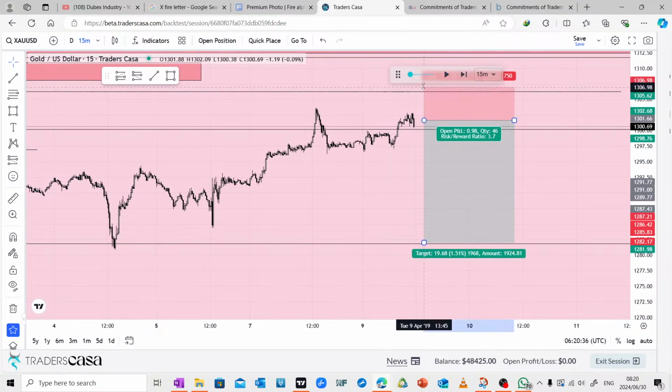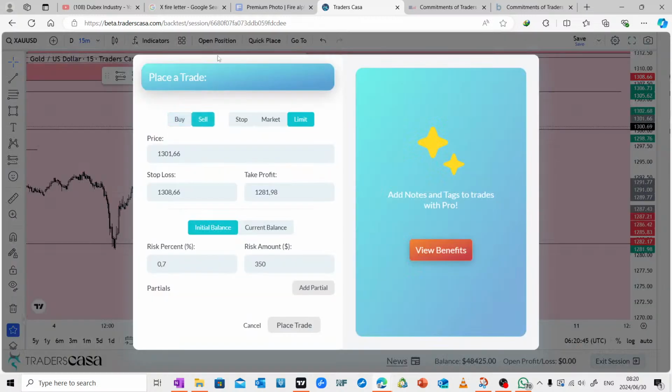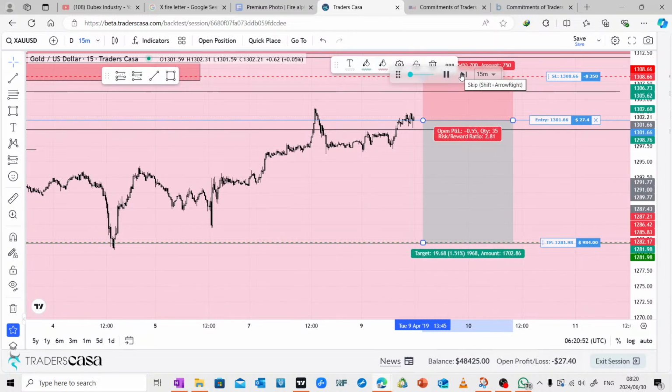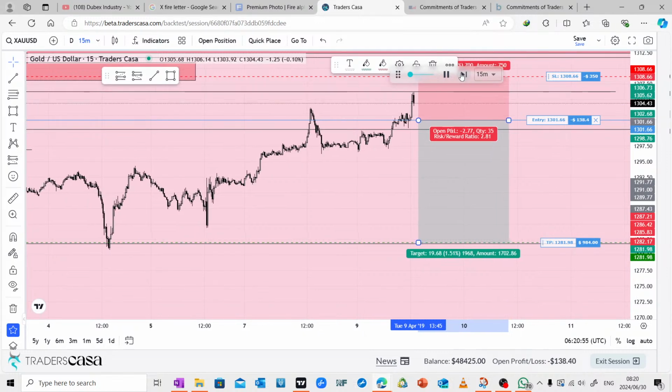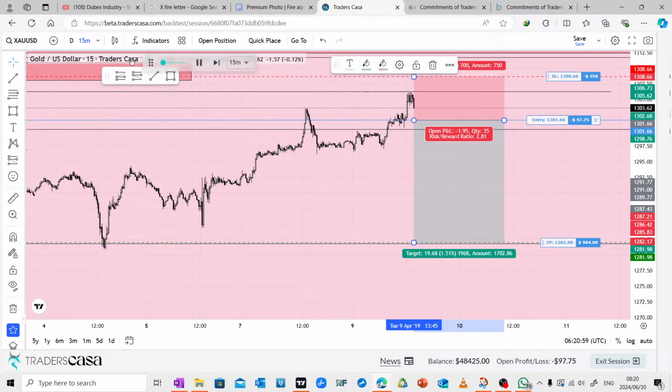In fact, let me actually move my stop, and then open, risk, place. Yeah, I knew the market was going to come there.